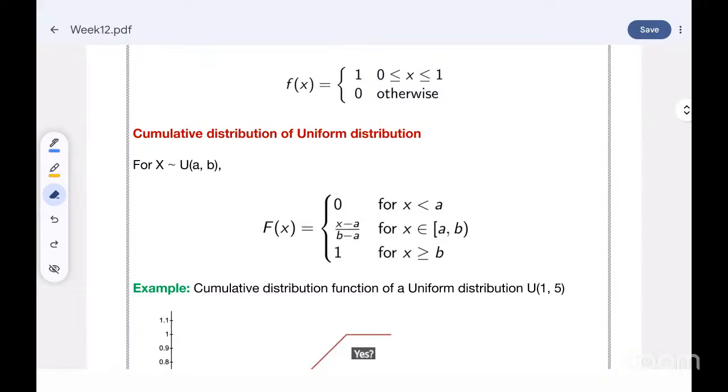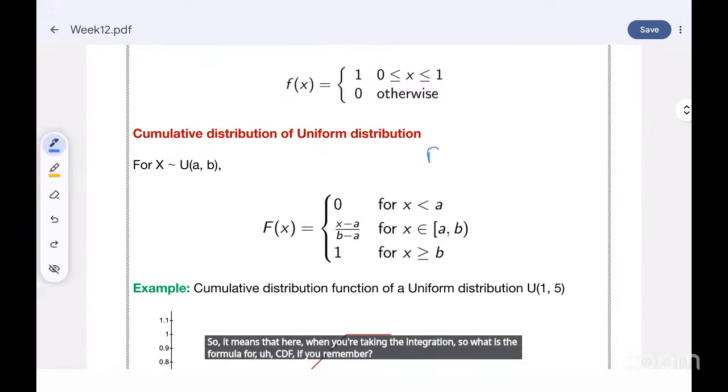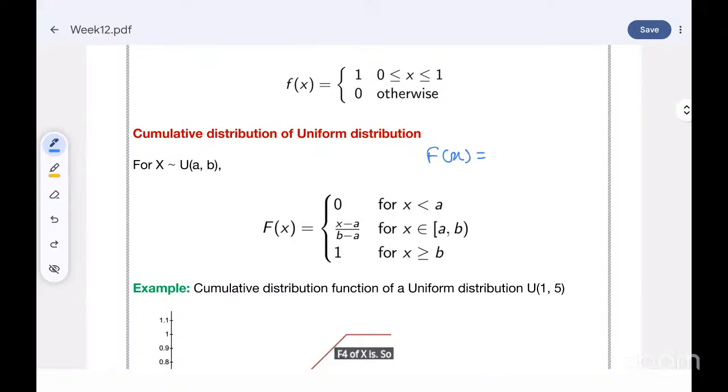Before a, what is the value of your function f? What is the probability before a? It is 0. So when you take the integration, what is the formula for the CDF, if you remember? Integral from minus infinity to a of f of x dx. In this region, the value of f is 0 and hence this is 0.